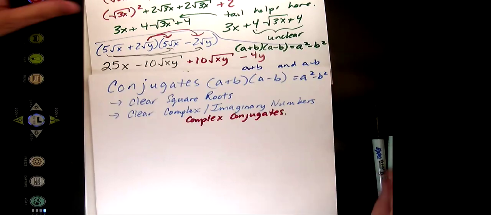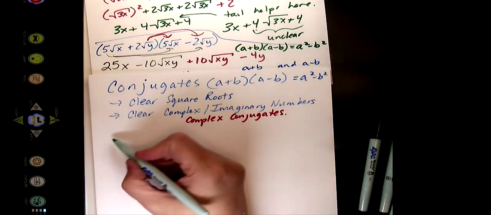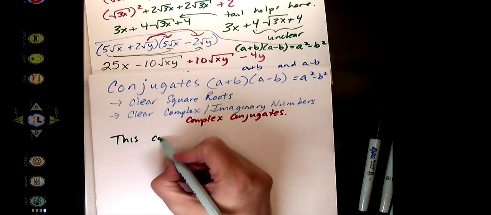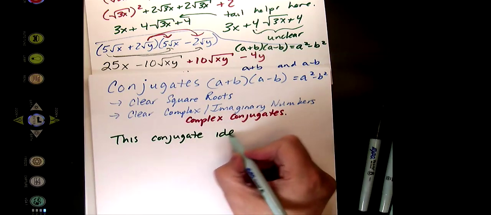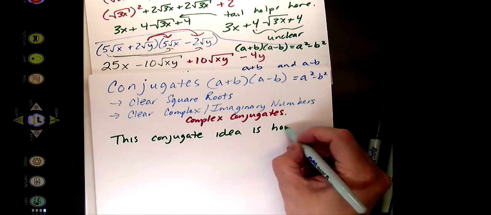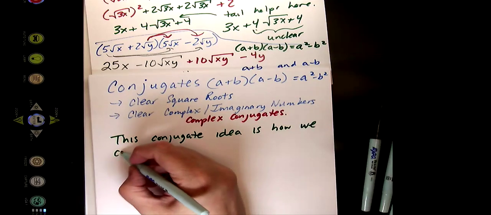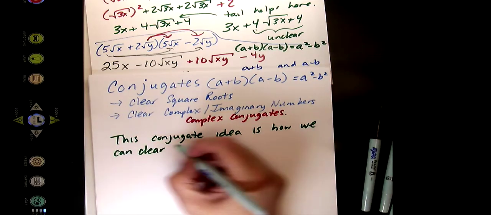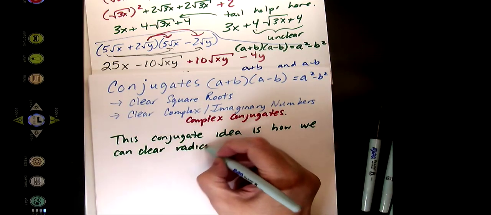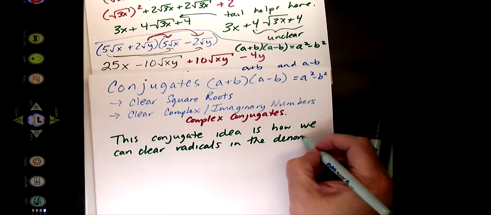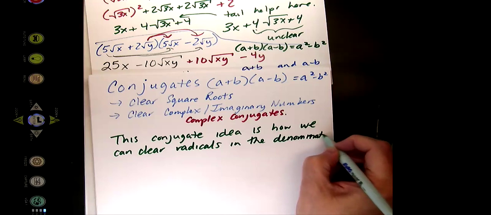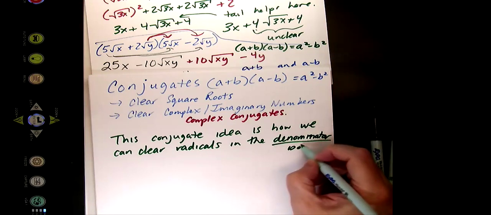This conjugate idea is how we can clear radicals in the denominator. Bottom, I should say.